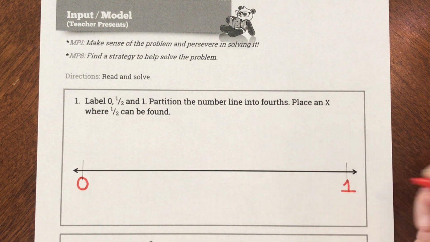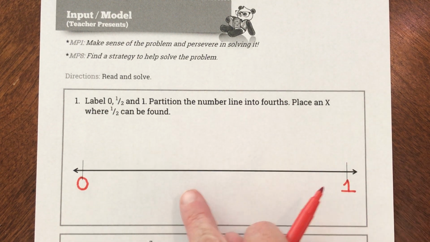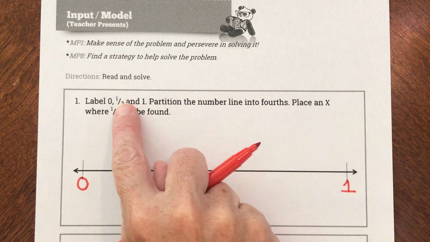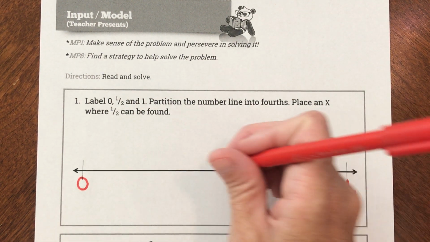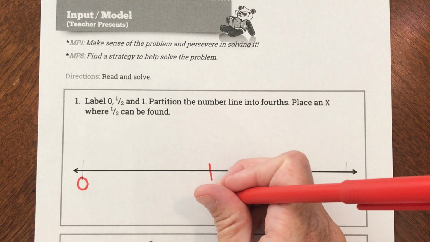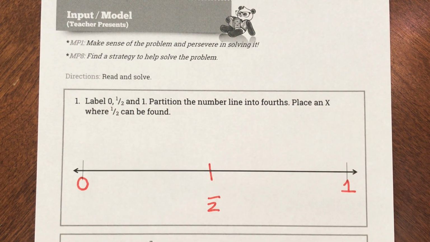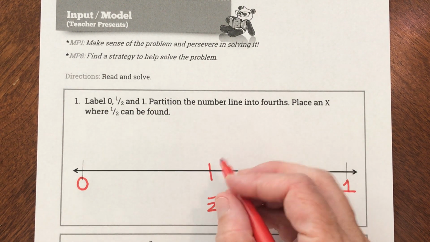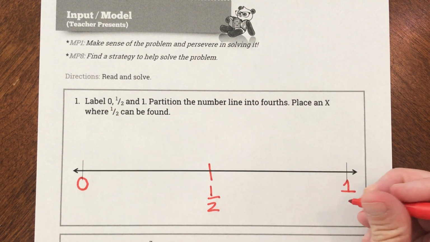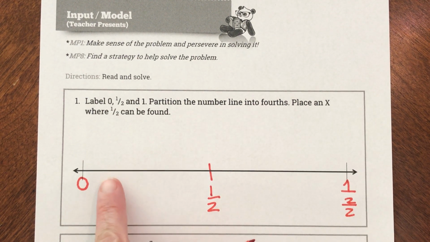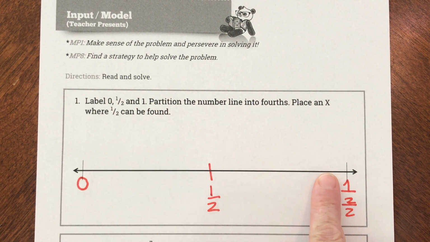Here is 1, and 1/2 would mean that I cut my number line, because the denominator is 2, that I would have to cut my number line into 2 pieces. That's where my denominator would come in. And then here I only have 1 of the 2 pieces. And here I would have 2 of the 2 pieces. So this is 1/2. And then that would be 2/2.